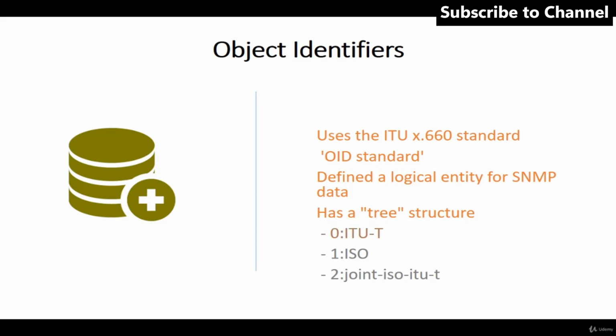So 0 is the ITU-T, 1 is ISO, which all the SNMP OIDs start with, 1. And actually it starts with a series of numbers that is always the same, which we will see in a moment. And 2 is a joint collaboration, if you will, between the ISO and the ITU-T.